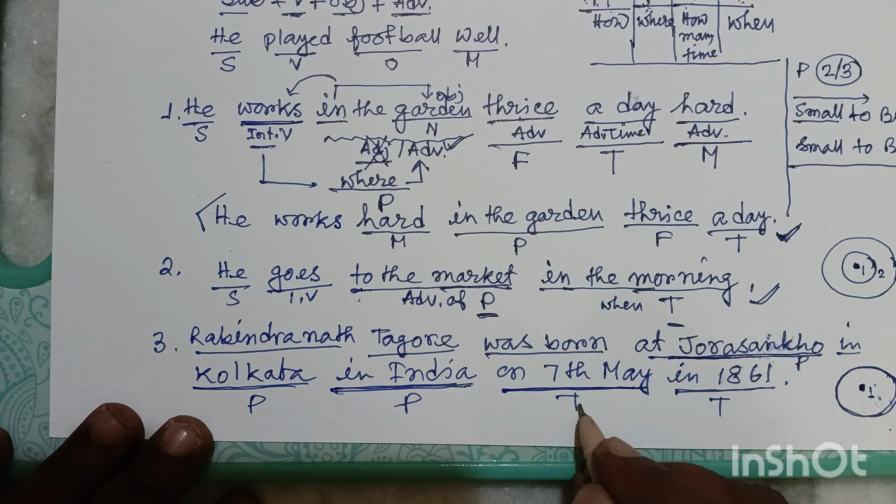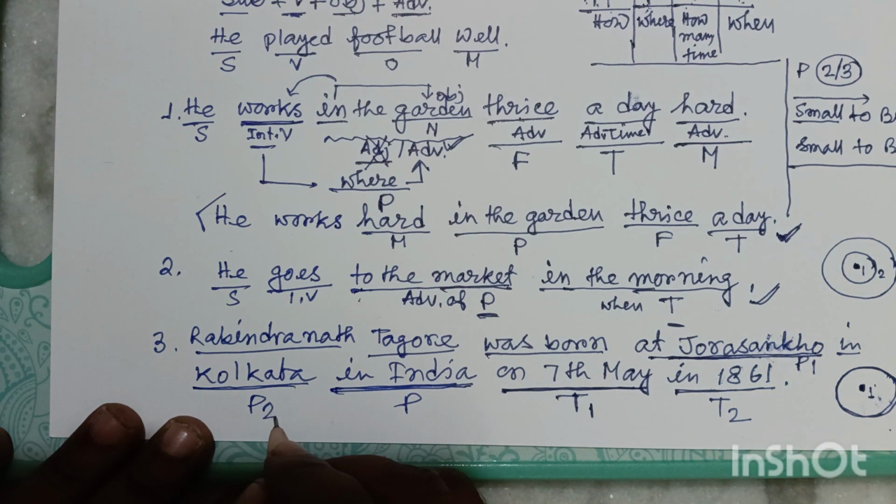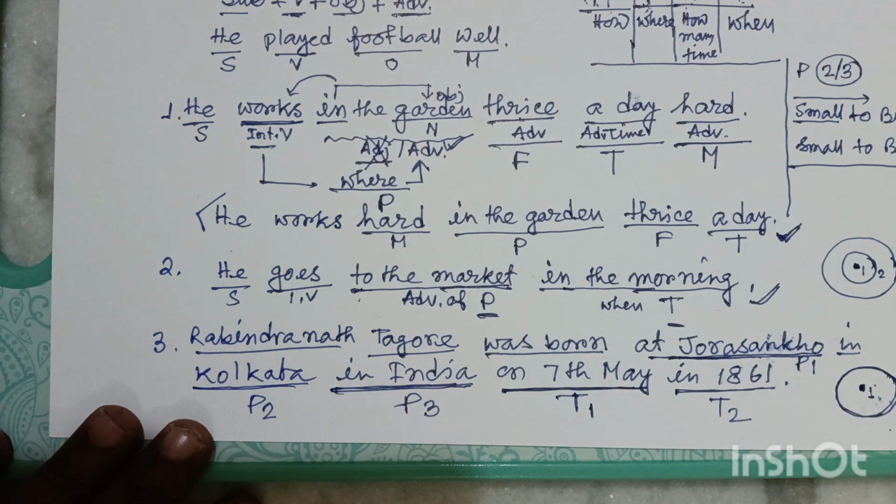That's why first of all, we have written the smaller unit, then the bigger unit. In case of place, we have written the smaller unit, then the second unit, then the third unit. That means from smaller to greater. My dear friends, I think you have understood the situation, or understood the usage.